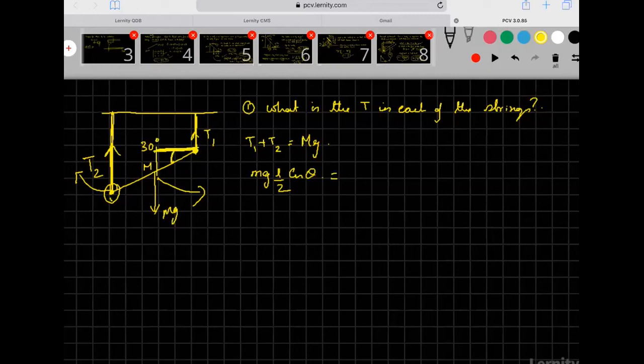This is pulling it in this direction, and this is the perpendicular distance. So that will become T2 into L into cos theta, this angle is also theta. So cos theta cancels, L cancels. So T2 is equal to T1 is equal to mg.